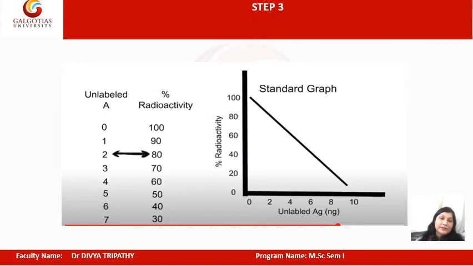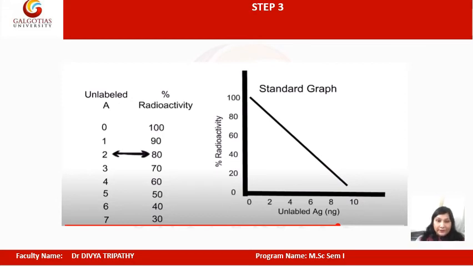Again we will perform the same step by increasing the amount of unlabeled antigen in the solution, and remember that we have to perform this experiment on a microtiter plate of 100% radioactivity, meaning we need approximately 10 microtiter plates, right? So now what will we do?